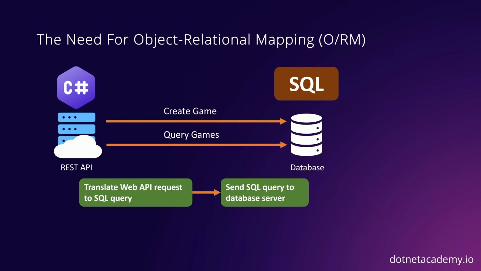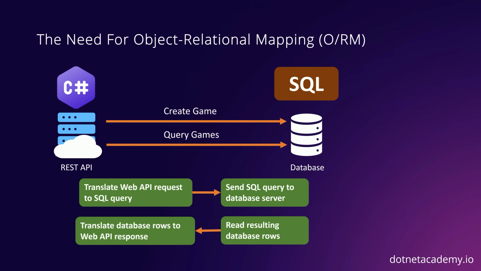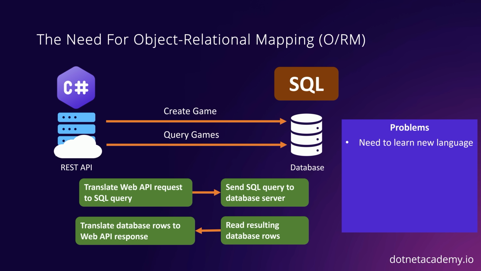The database server executes the query, and then your C# code has to read back any resulting rows and translate them into a corresponding API response. This presents a few problems. As a C# developer, you now need to learn a completely new language, SQL, in order to craft the required queries. And you need to learn it well to ensure you get good performance out of it.